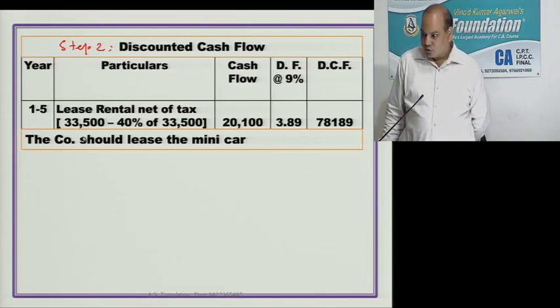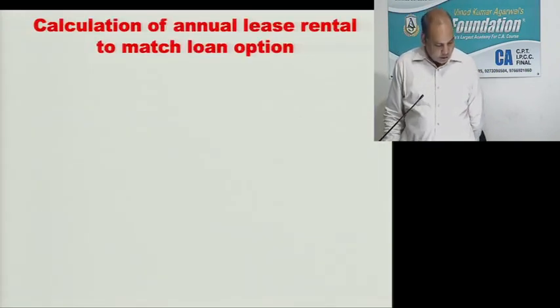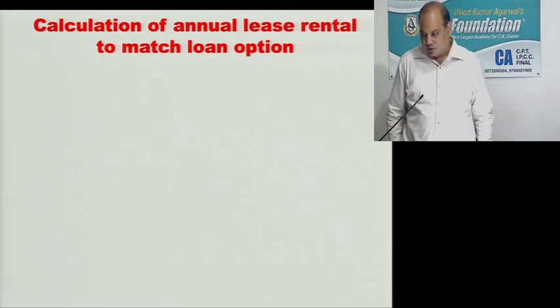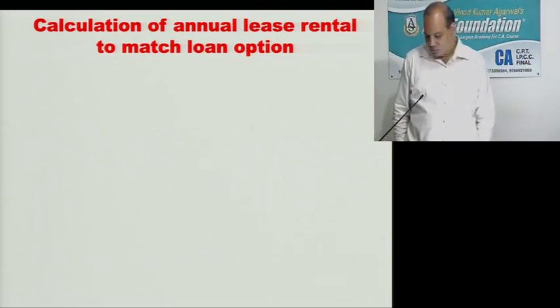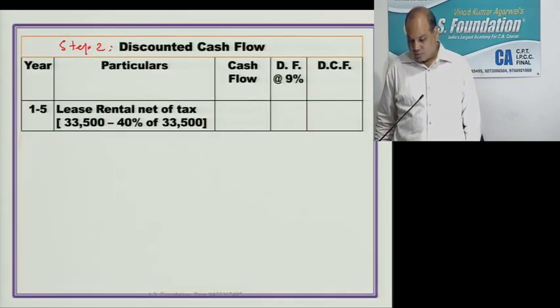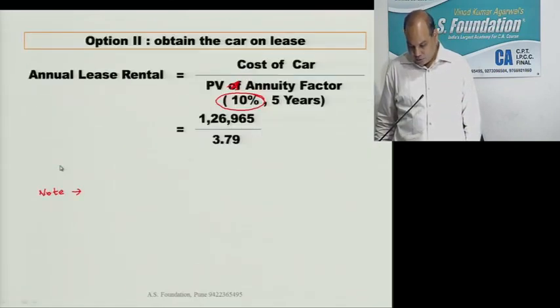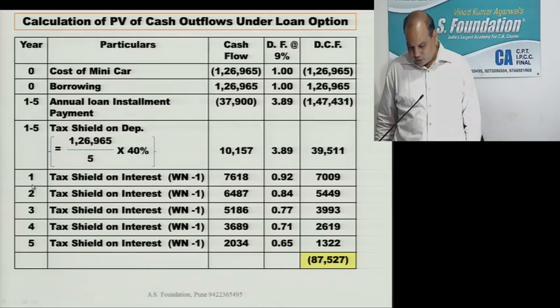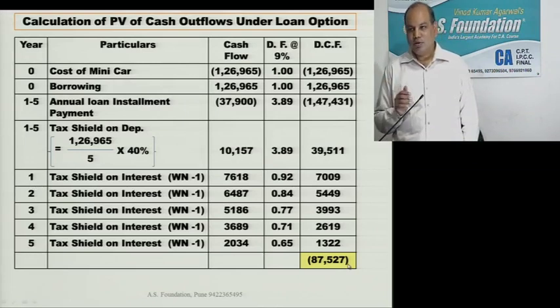There is one more question which we have already done in the first question. Question is, what should be the annual lease rental to match the loan option? We are the lessee. Our present value under loan option is how much? This figure on the screen, 87527. How much should be the lease rental which will match the loan option?